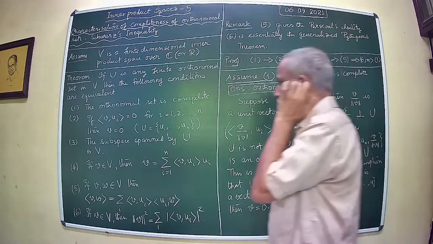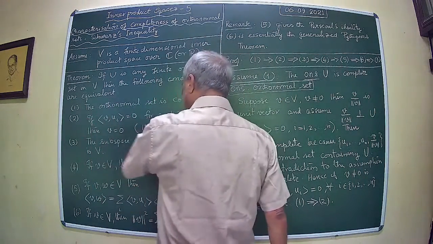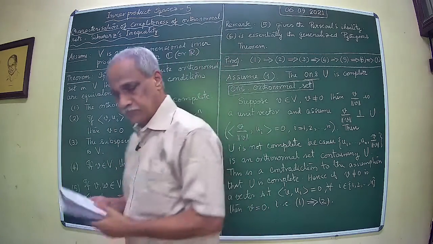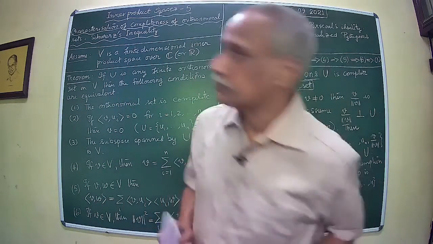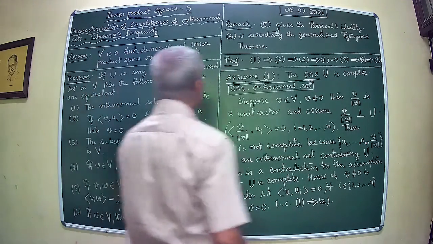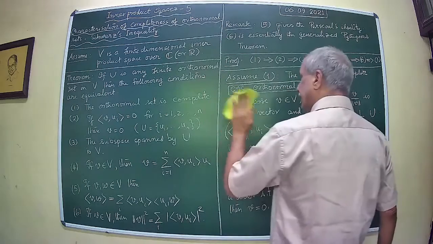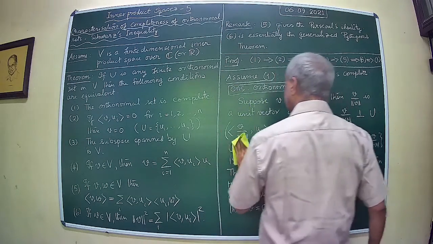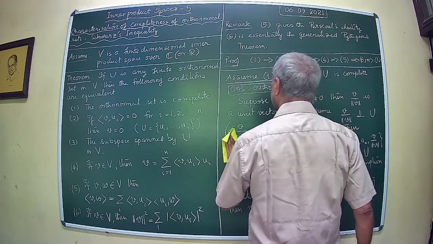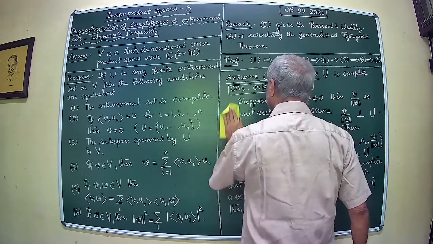Now we assume the statement 2. Then we prove that the subspace spanned by U is V. Let me retain the statements there and prove each one of these statements.